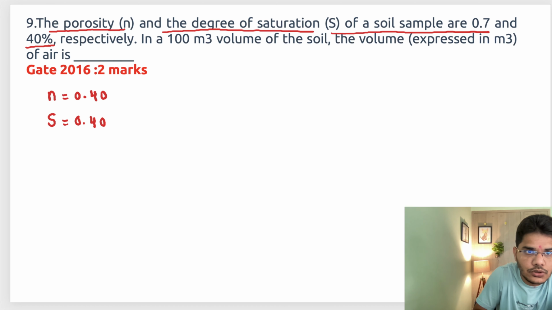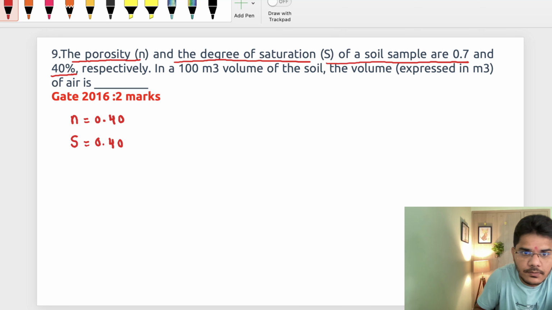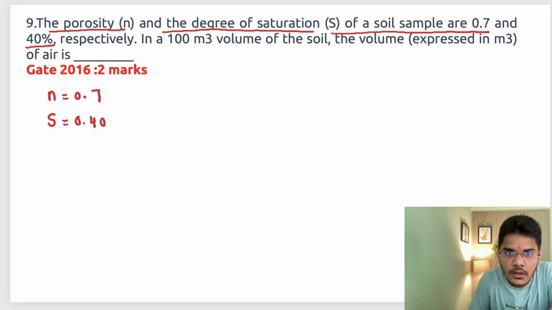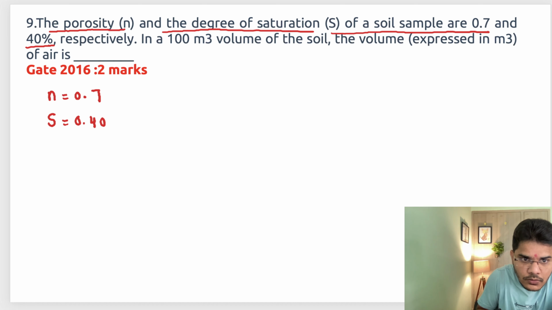This porosity is 0.7. So in a 100 meter cube volume of the soil, so volume is nothing but total volume, 100 meter cube of the soil.